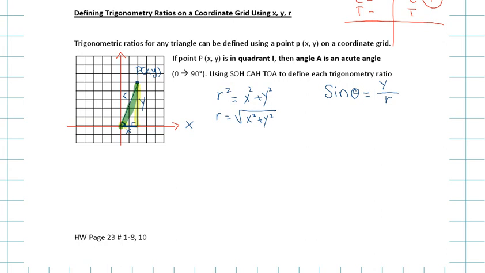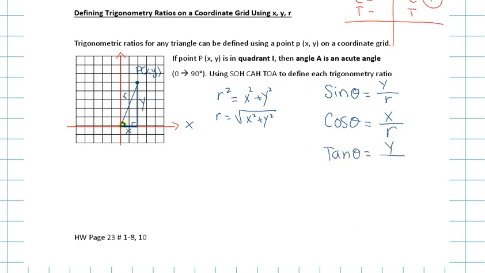Now, what would cosine be? Adjacent over hypotenuse, so x over r. Adjacent is this, and the hypotenuse is this. So it's x over r. Now, what would tan be?